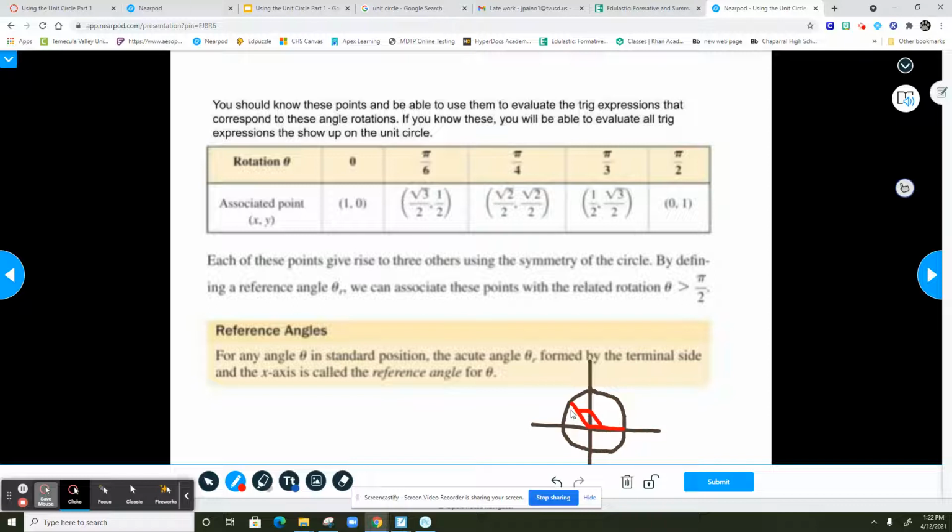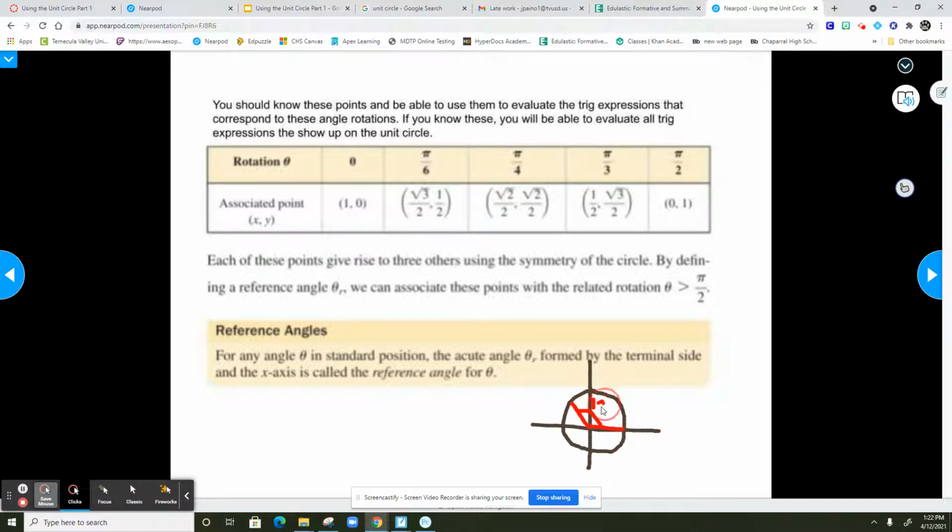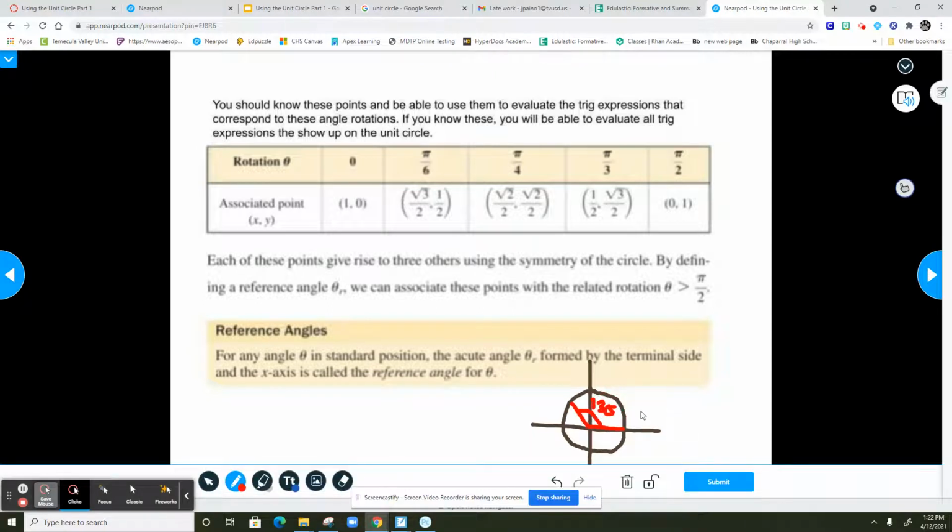And so let's call this angle 135 degrees, or if it was in radians, it'd be 3 pi over 4. 135 degrees or 3 pi over 4. What's the reference angle? What they're saying here is formed by the terminal side and the x-axis. What's the terminal side? That's the side where it ends.